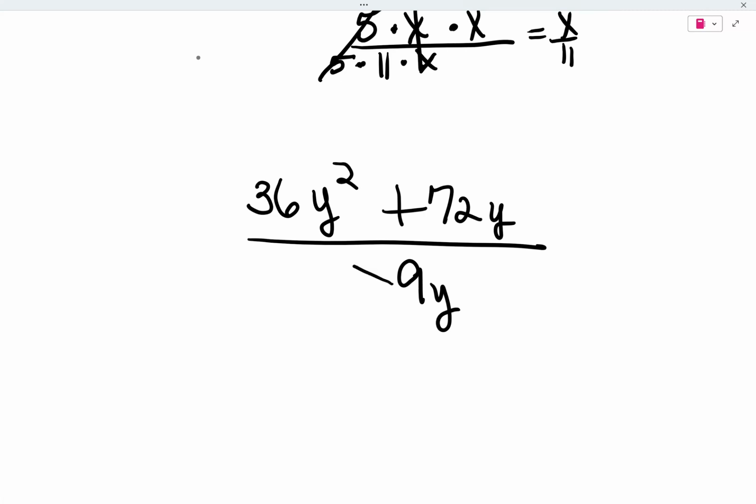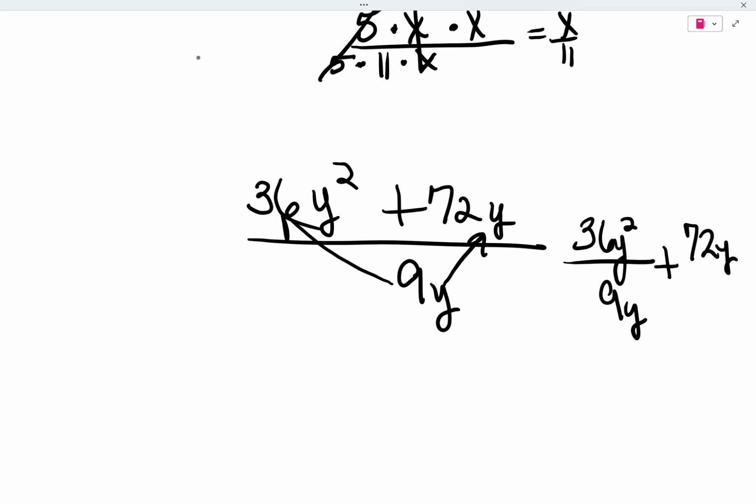Okay, very good. So you're dividing in here. You can actually rewrite this if you wanted to really be clear in your notes. So this is really 36y squared over 9y. This is really 72y over 9y. So you can think of it that way. So 9 goes into 36 4 times. And then keep going. We know that y goes into y squared y times.